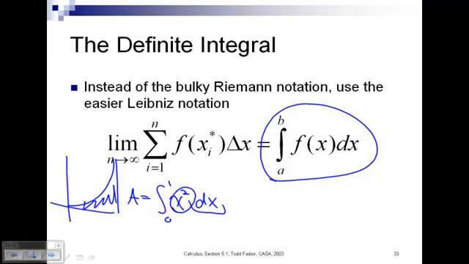When we talk about doing an infinite number of rectangles, where each is infinitesimally thin, we use the notation dx to represent an infinitesimally thin slice. When they're this thick, we use delta x. When they're this thin, we use dx. It represents the same idea, the width of a rectangle.